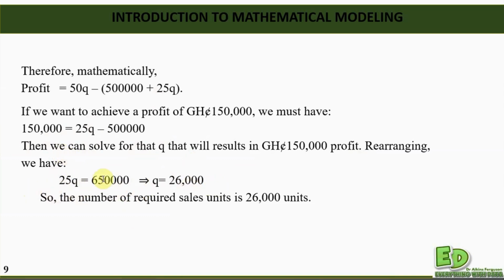That's dividing both sides by 25 will give you Q to be 26,000. So the number of required sales units is 26,000 units to be able to get a profit of 150,000, right?